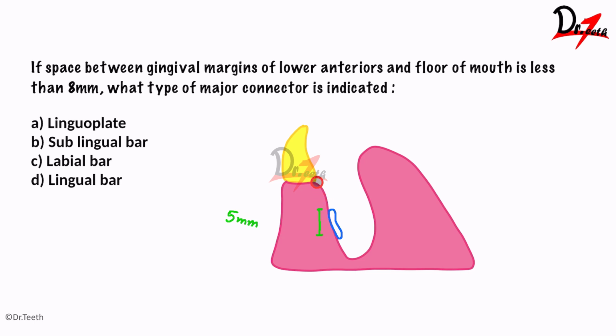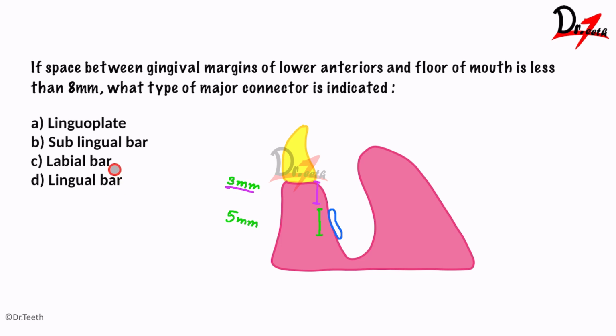And the distance from the gingival margin to the superior border of this lingual bar should be 3 mm. So the total is 8 mm. If we have this space, then we can go for a lingual bar.